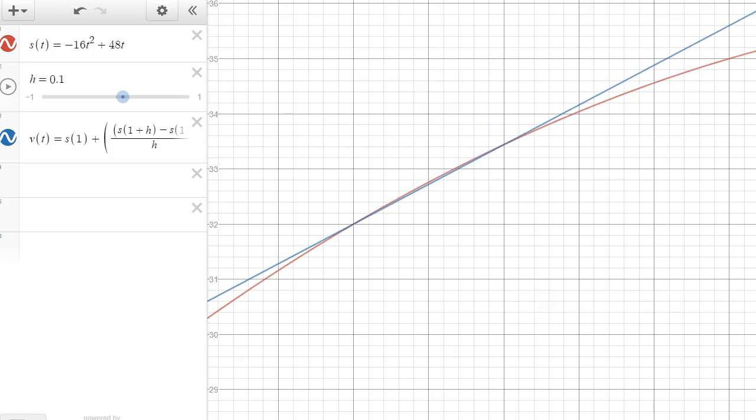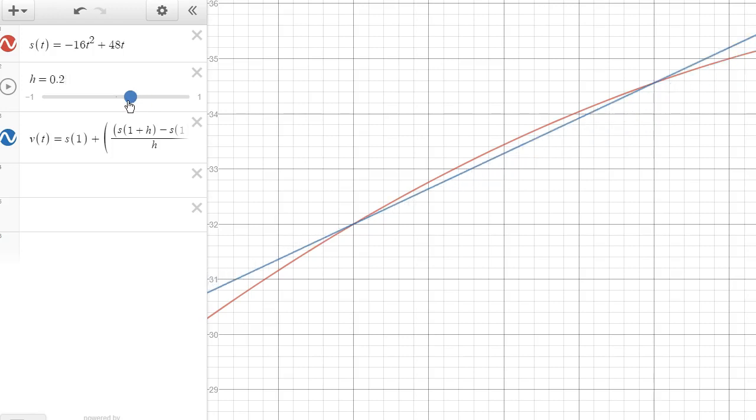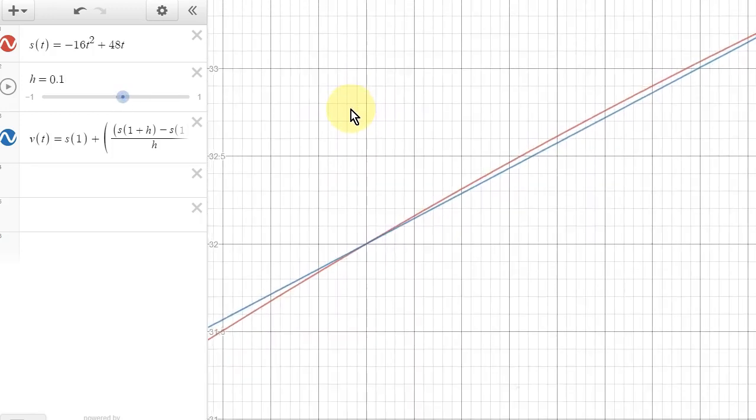I don't know if you can tell, but they separate a little bit. They're going through this point and this point. If h is a little bit bigger here, then you can see their slopes are a little bit different. The slope of the blue one and the slope of the path of the grapefruit. But then I make h smaller again, closer to 0.1 and 0.15. It looks like it's getting closer, but if you zoom in still, you can still see a difference.